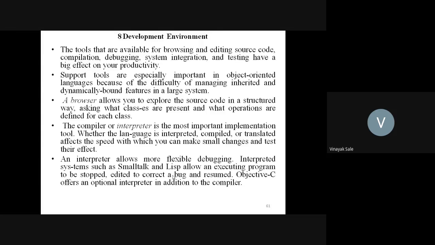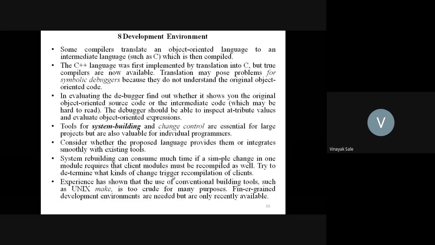Objective-C offers an optional interpreter in addition to the compiler. Some compilers translate an object-oriented language to an intermediate language such as C, which is then compiled.